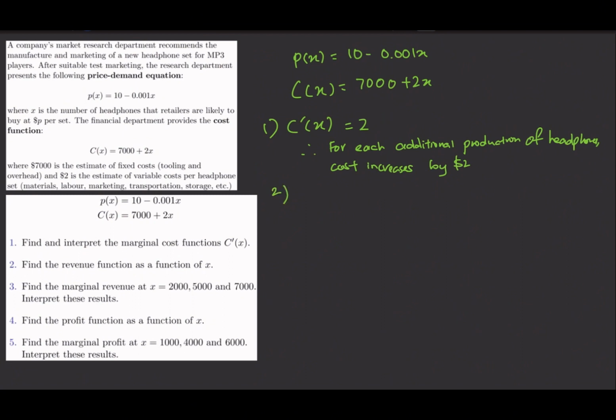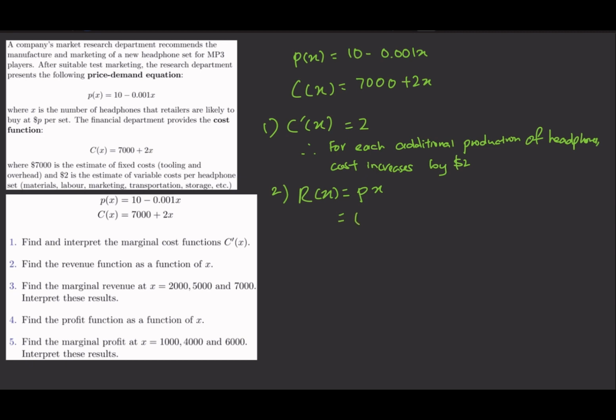Find the revenue function as a function of x. So revenue, if you remember, is price multiplied by quantity. So we have the price function here, 10 minus 0.001x, multiplied by x, we will get 10x minus 0.001x squared.